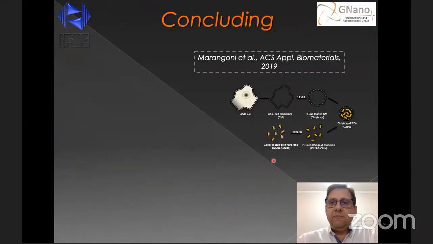Concluding, we have developed a specific targeting system based upon cell membrane nanocapsules, incorporating gold nanorods and beta-lapachone for a combined chemo and photothermal therapy against cancer cells.